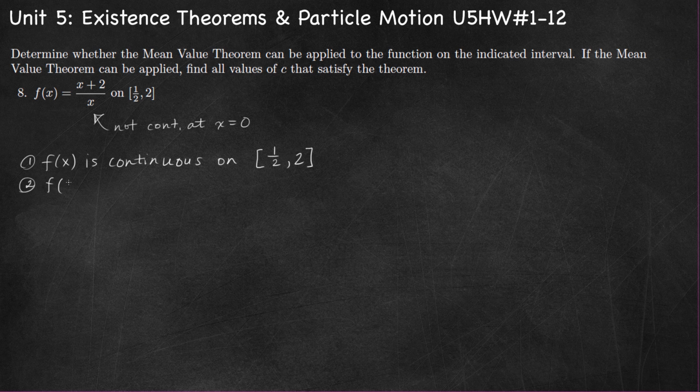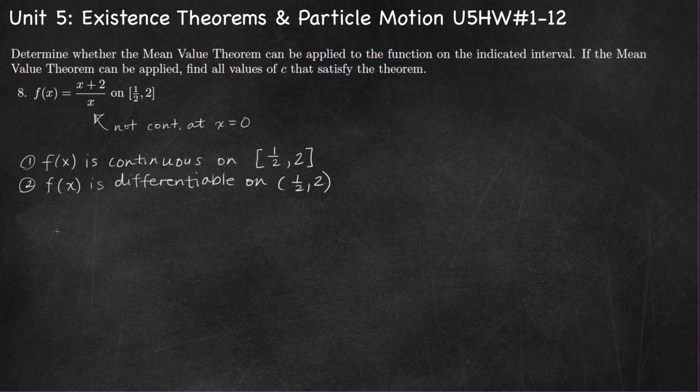And it's differentiable on our open interval. And again, if you're not sure about the differentiability part, you can go ahead and find the derivative and then look at your derivative equation and see where it does not exist. That would be where it's not differentiable.